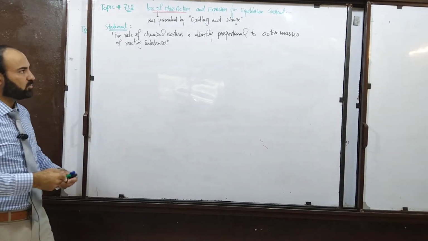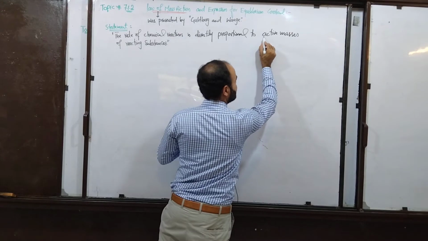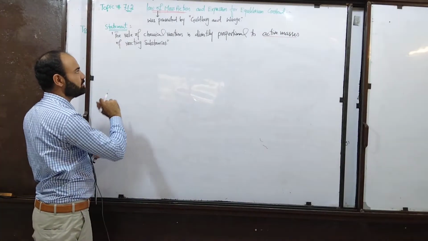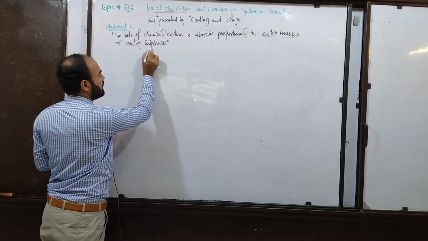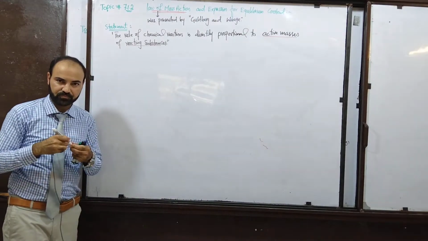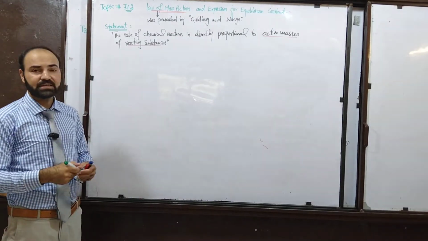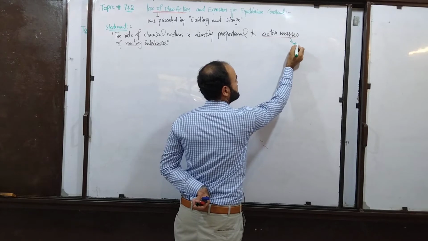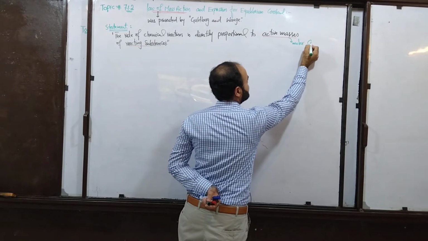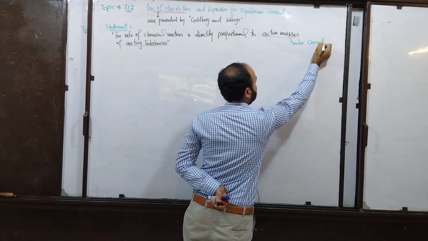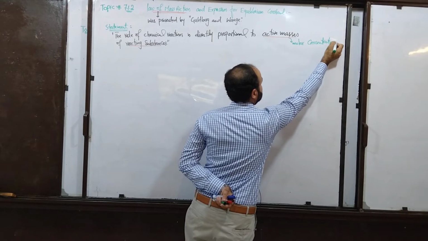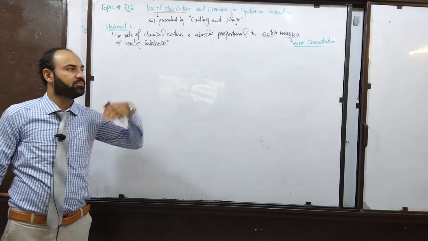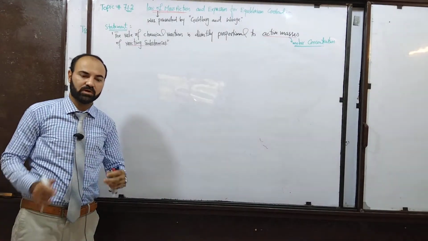In this law we have to cover what an active mass is, and second, because this is for reversible reactions, what the reacting substances are. Dear students, active masses represent molar concentration. You must remember that it represents the molar concentration of the reactants or products, either in the forward reaction or in the reverse reaction.